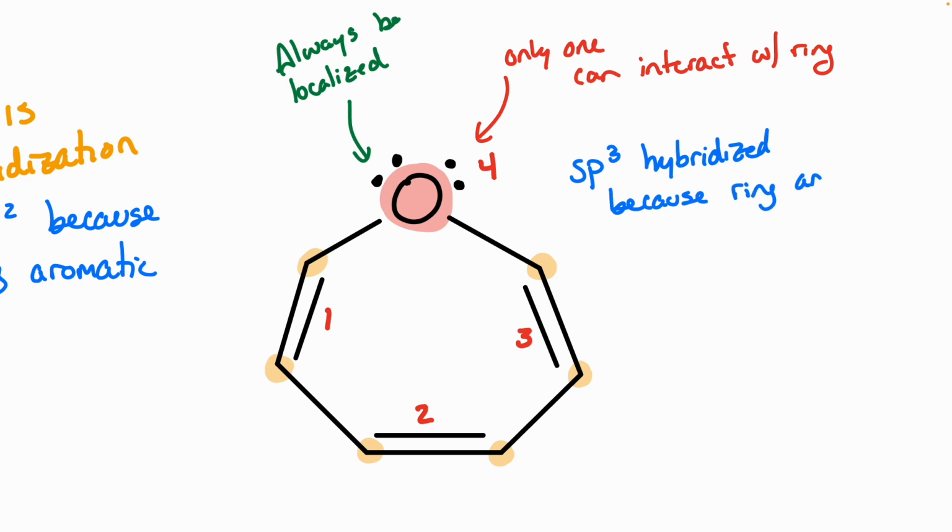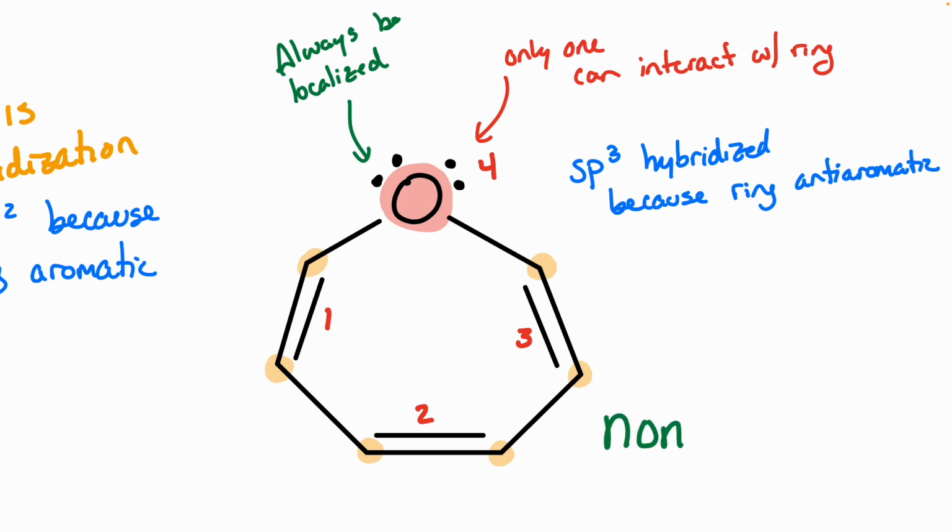Because otherwise the ring would be anti-aromatic. But since it's sp3 hybridized, it's going to break that ring's conjugation. So is this going to be anti-aromatic? No, it's just going to be non-aromatic, right? So it's going to break the conjugation in the ring rather than making it less stable and anti-aromatic.